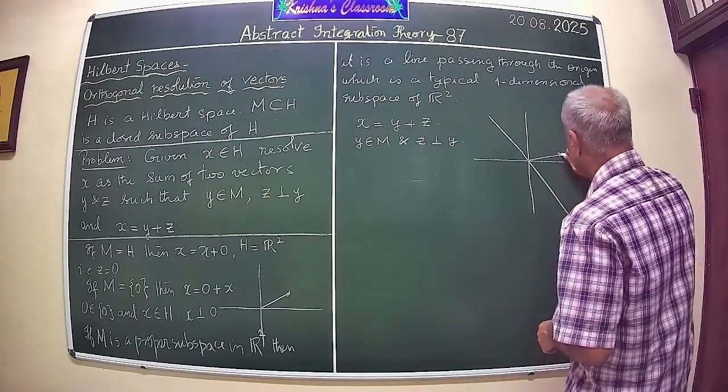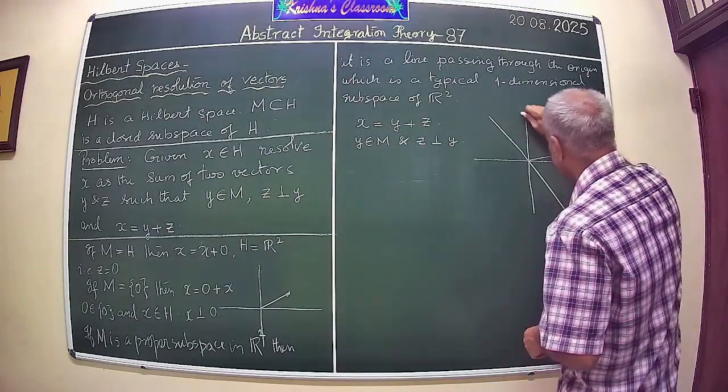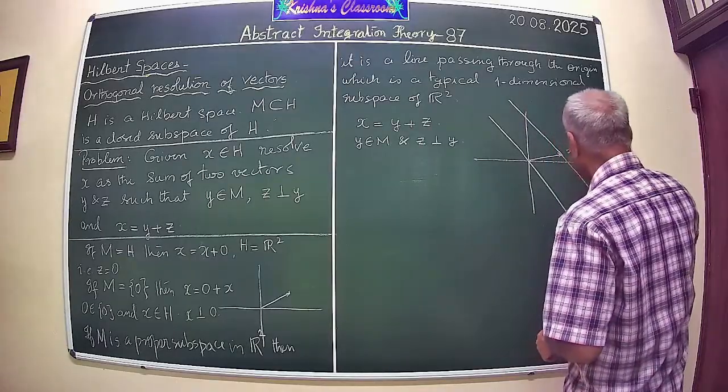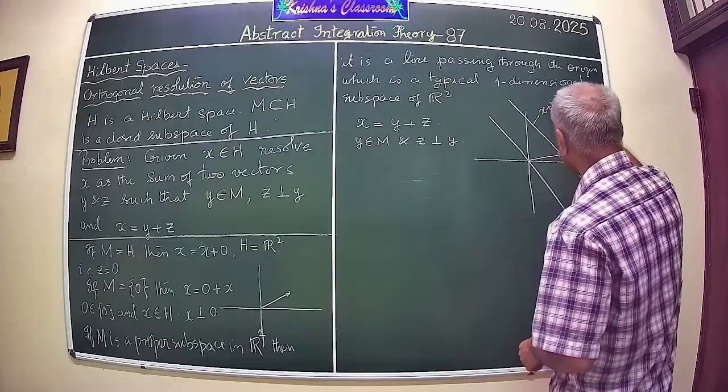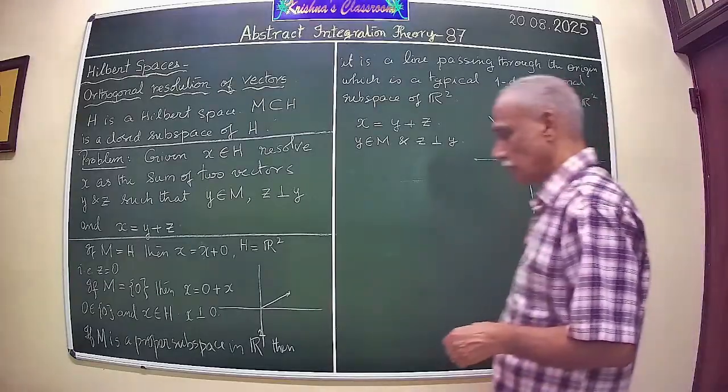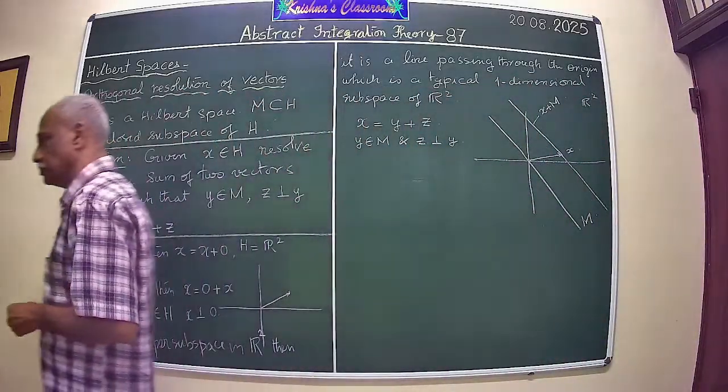Now we consider a coset, x plus M. It's not a vector space.